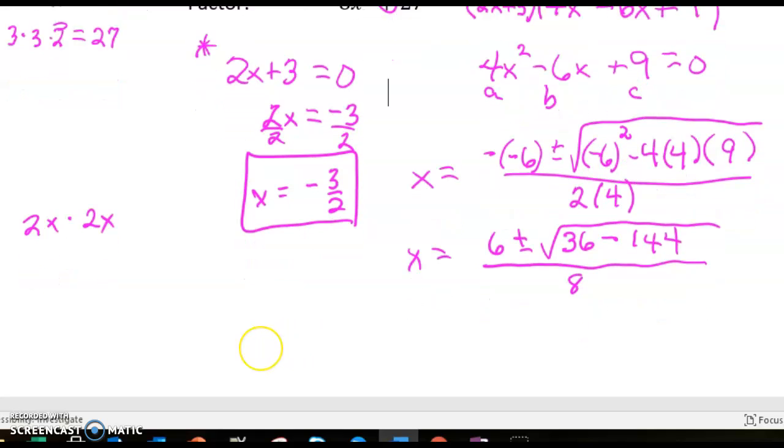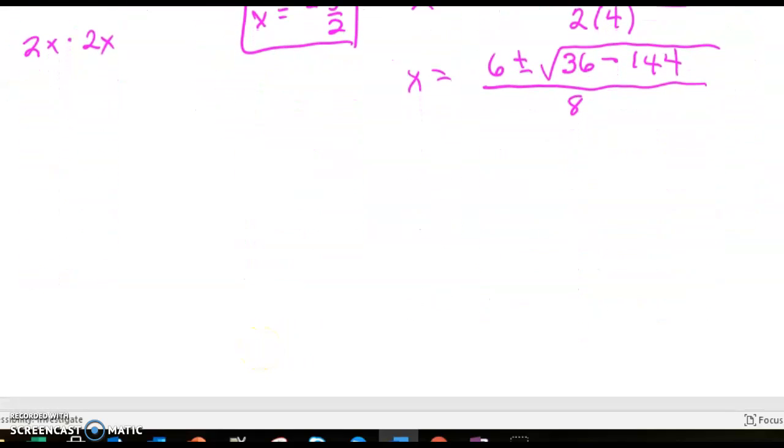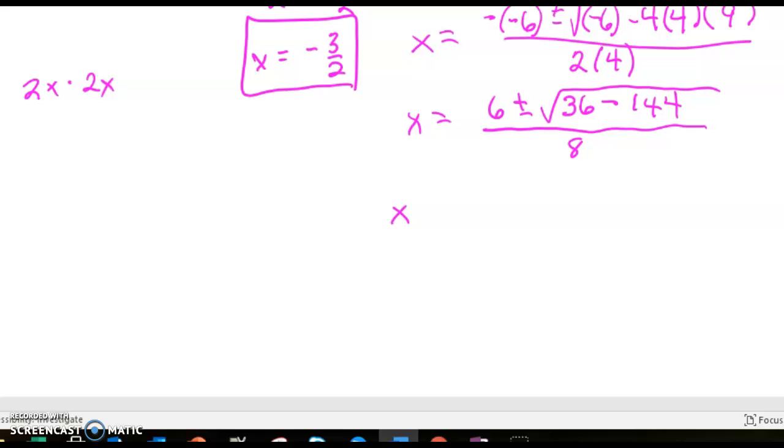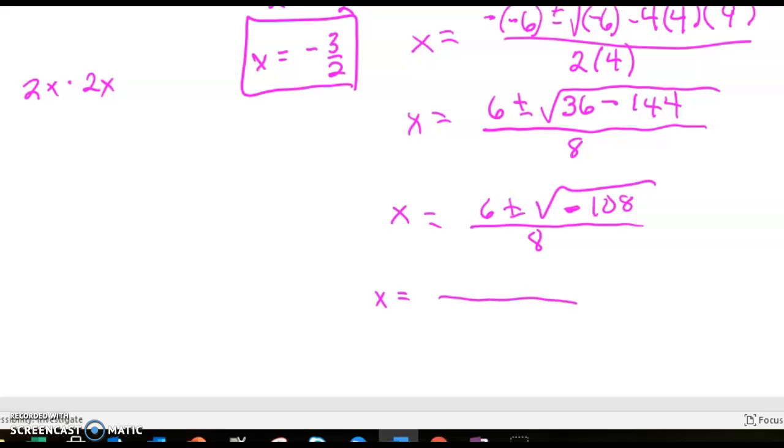All right, we continue simplifying, and we get x equals 6 plus or minus the square root of, that comes out to negative 108, all over 8.